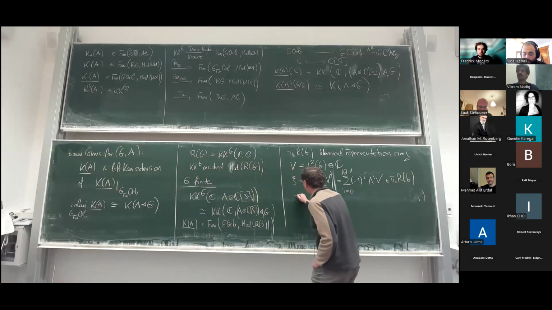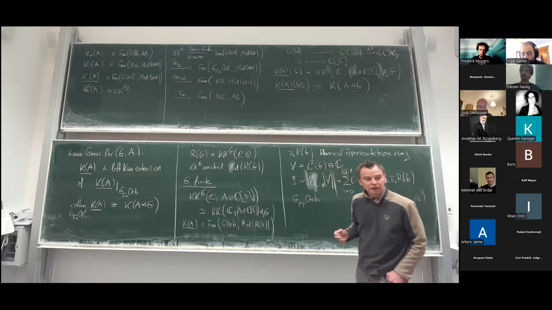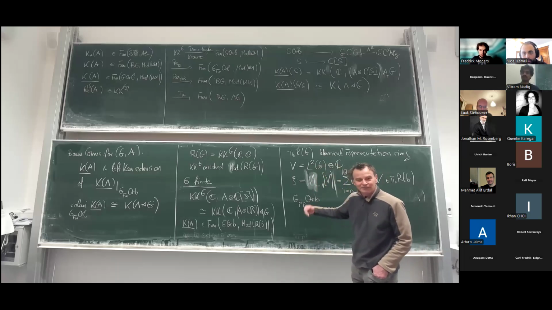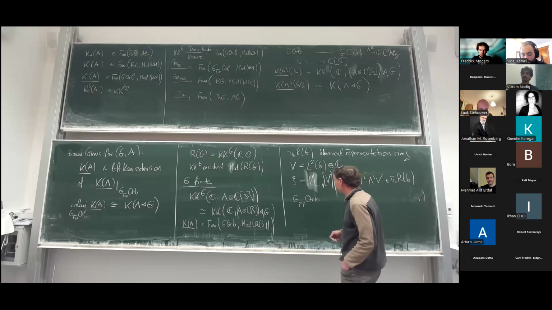So I'll write the orbit category with proper subgroups as stabilizers.